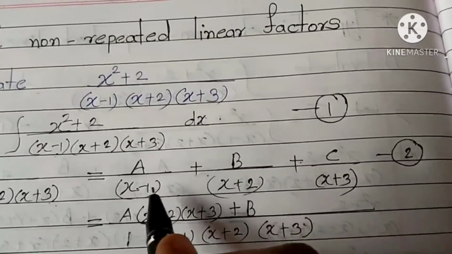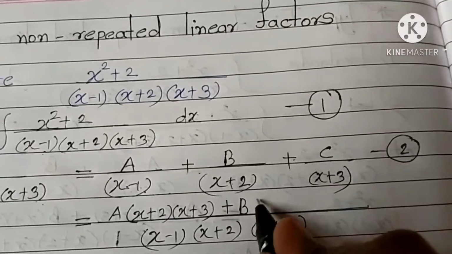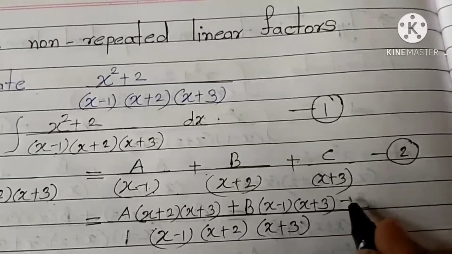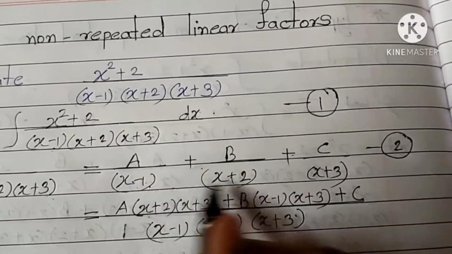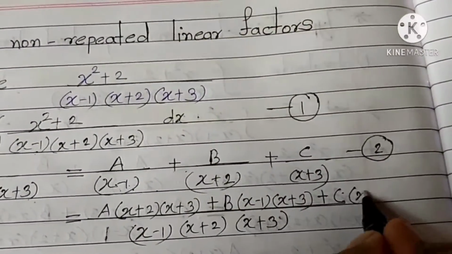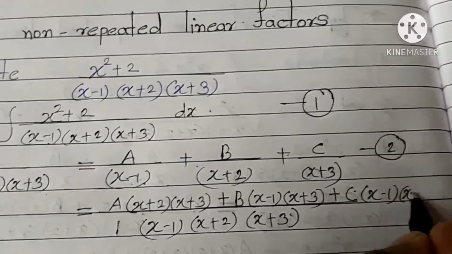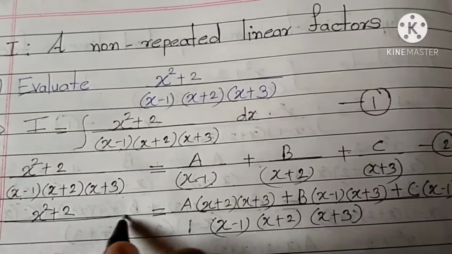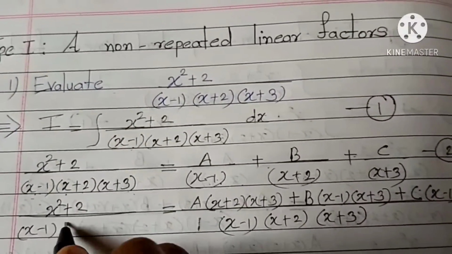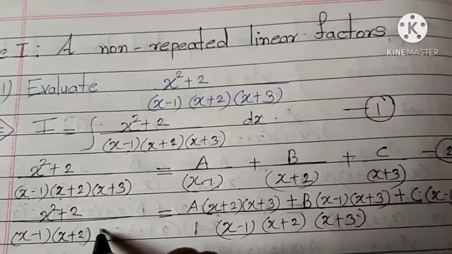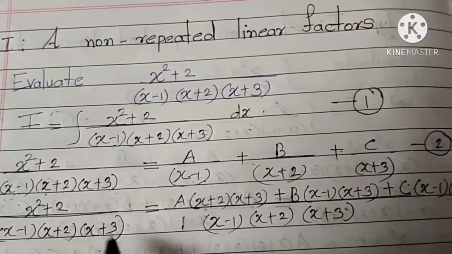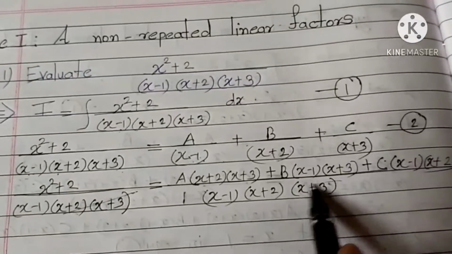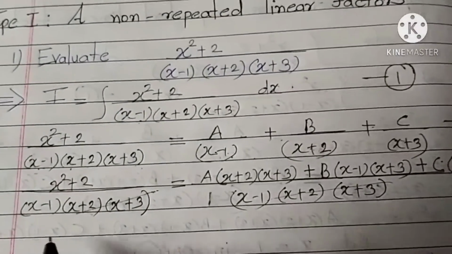When we take b, then multiplication of these two factors, so it is x minus 1, x plus 3, plus c and multiplication of these two factors, so this is x minus 1, x plus 2. And write this part on the LHS. Now you can observe that this denominator is the same, so we can cancel it. Now write the remaining terms.